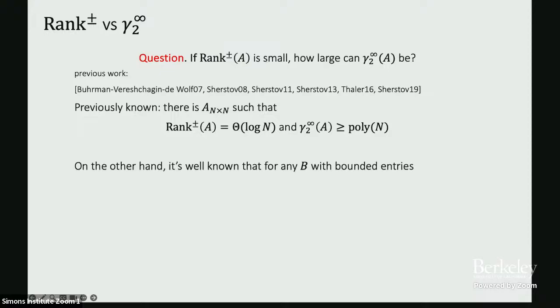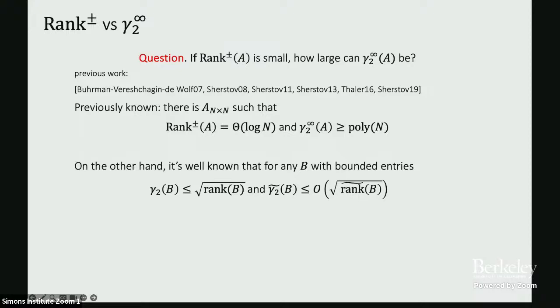But there's also some positive evidence that this might be the best separation that could happen. Why? Because the gamma 2 norm, not the approximate version, just the exact gamma 2 norm, for bounded entry matrices is at most the square root of the rank.